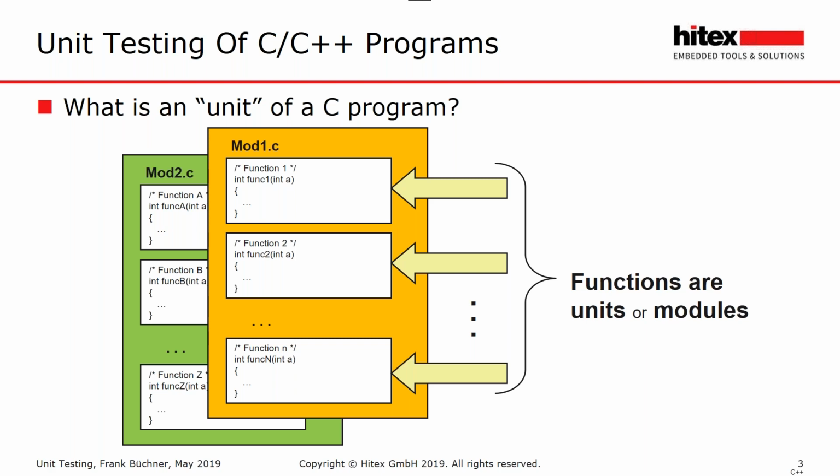These could also be called modules, because depending on the standard you're working towards, you are required to do module testing or unit testing. But if you're testing C programs, the test objects for both kinds of tests are the C functions. This is for C programs.